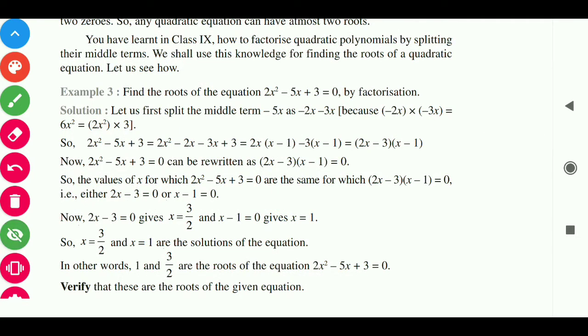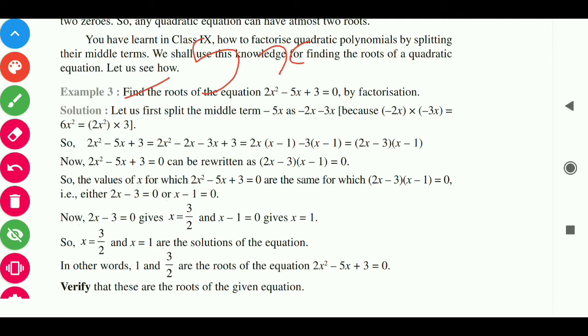Example 3: find the roots of the equation 2x square minus 5x plus 3 equals 0 by factorization. Now simply we are going to use the splitting the middle term method. Here the middle term is minus 5x.